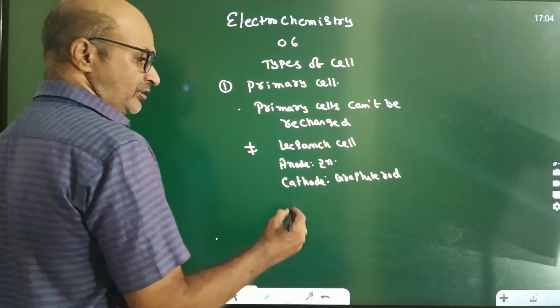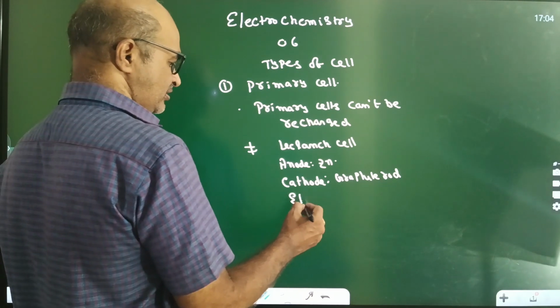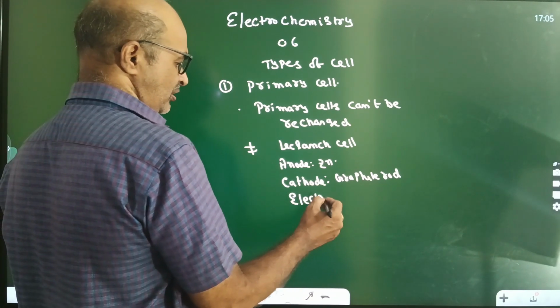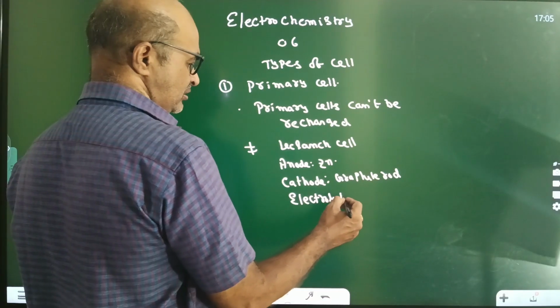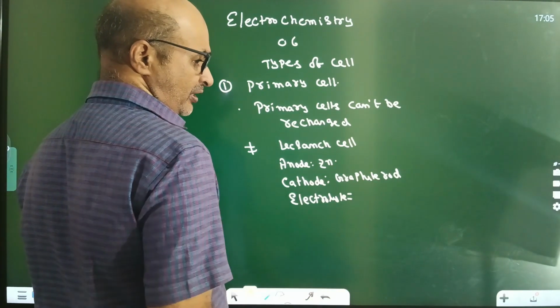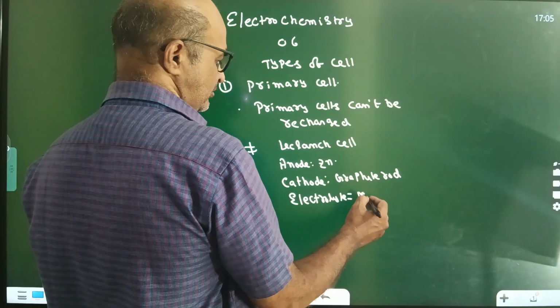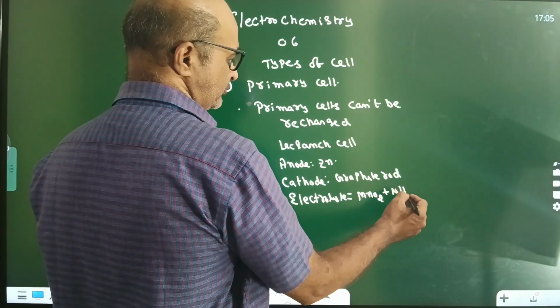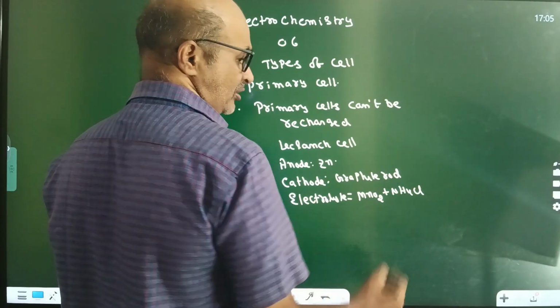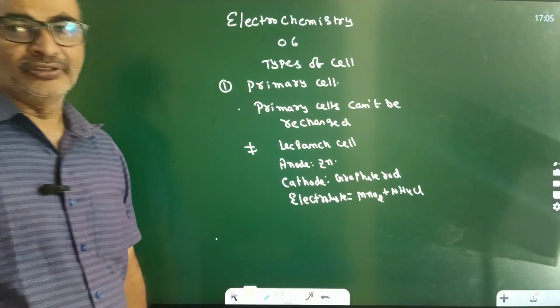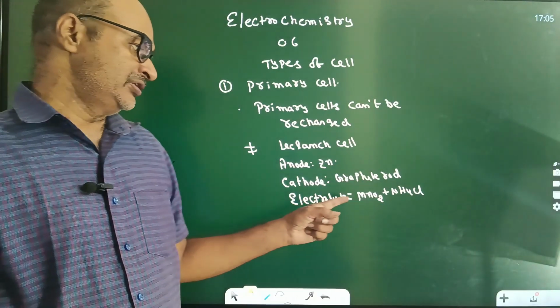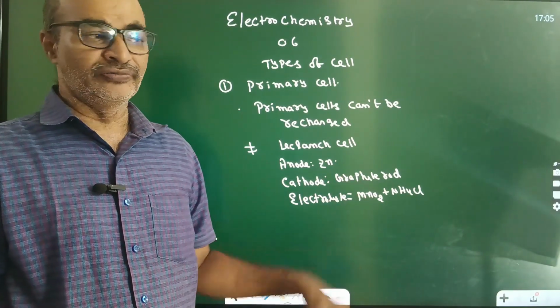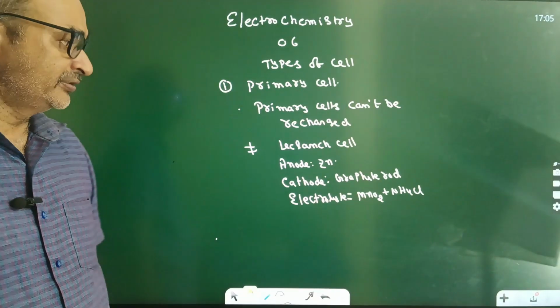The electrolyte is a paste of MnO2 plus ammonium chloride. What is the electrolyte? It is a paste of MnO2 plus ammonium chloride.